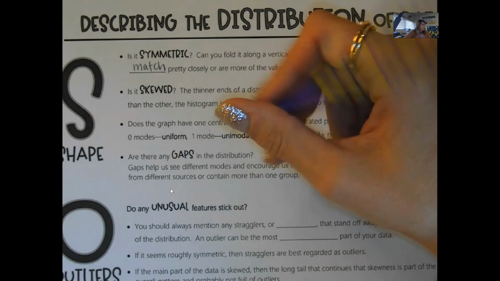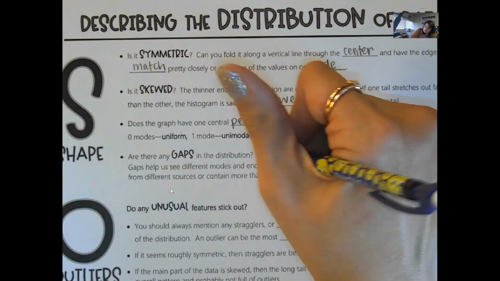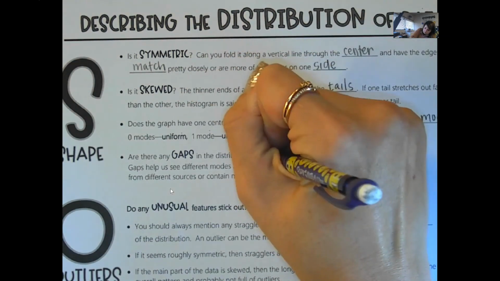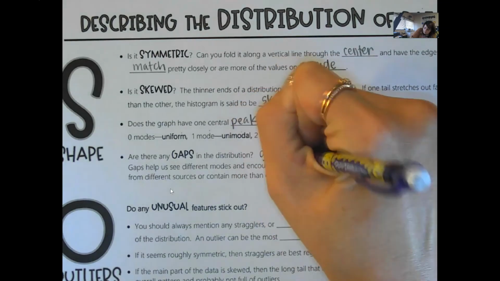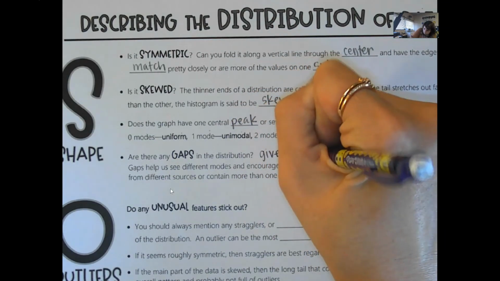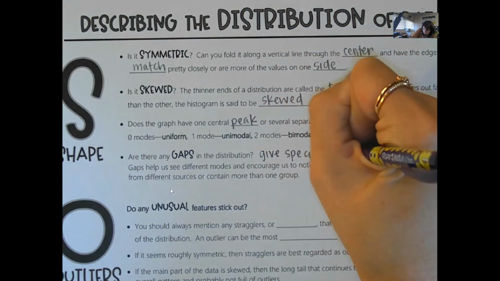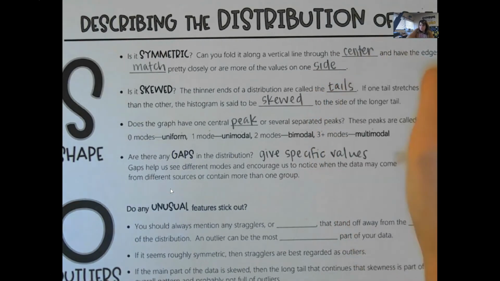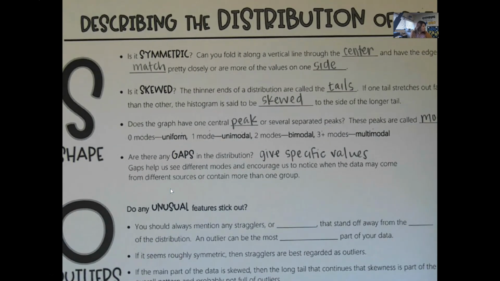And if there are gaps in the distribution, you always want to give a specific value or values. So if you're going to say there is a gap in the data from 40 to 55, you want to actually say 40 to 55.